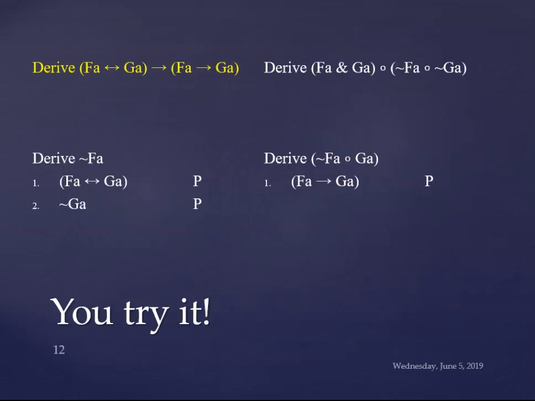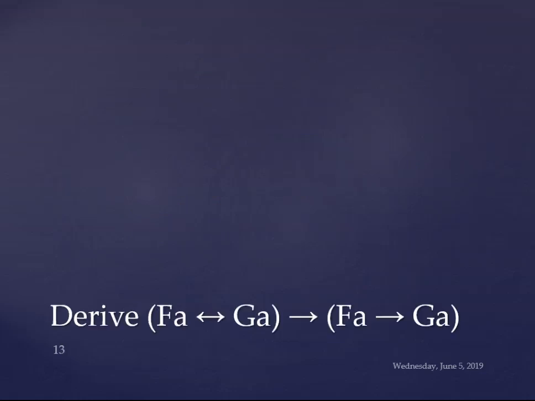So we have practice problems here. These vary in difficulty. For this one here, you're going to want to use arrow introduction all the way. You start out by assuming the antecedent and then derive the consequent, which makes you assume FA.